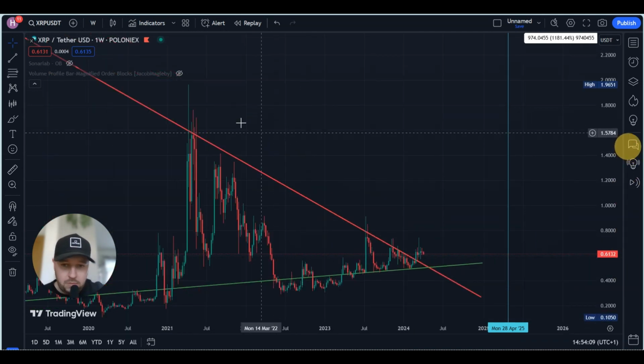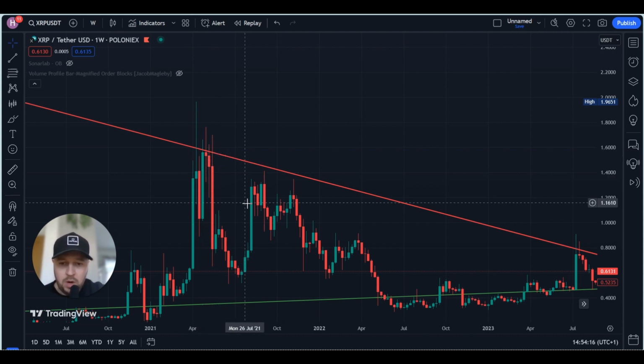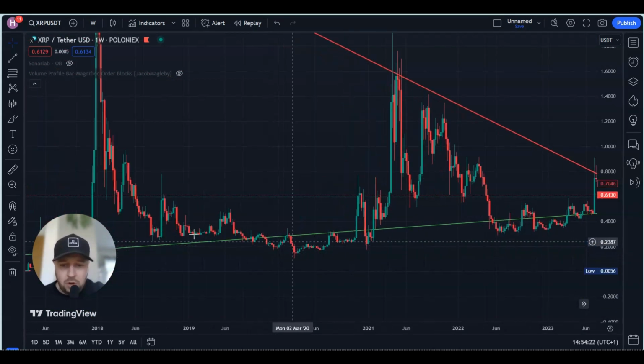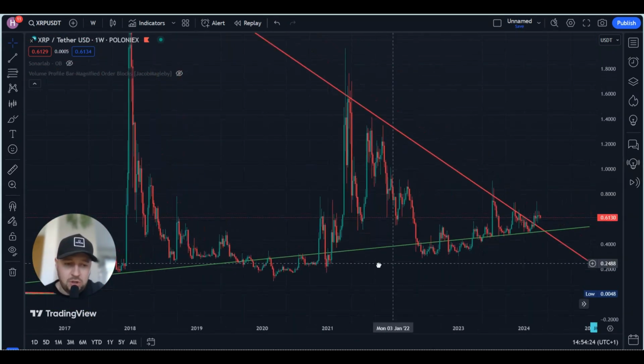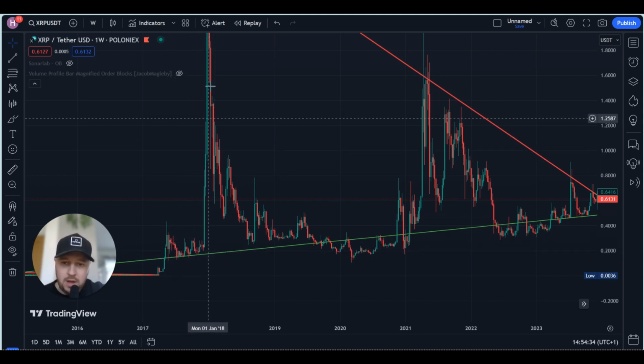Obviously you've got all these wicks as well, but ultimately you're getting these closes inside the wedge. And then you've got that breakdown in price action. And this bottom support come resistance, you can see how it interacts here. You've flipped resistance into support, and that's when you've got that massive impulse.